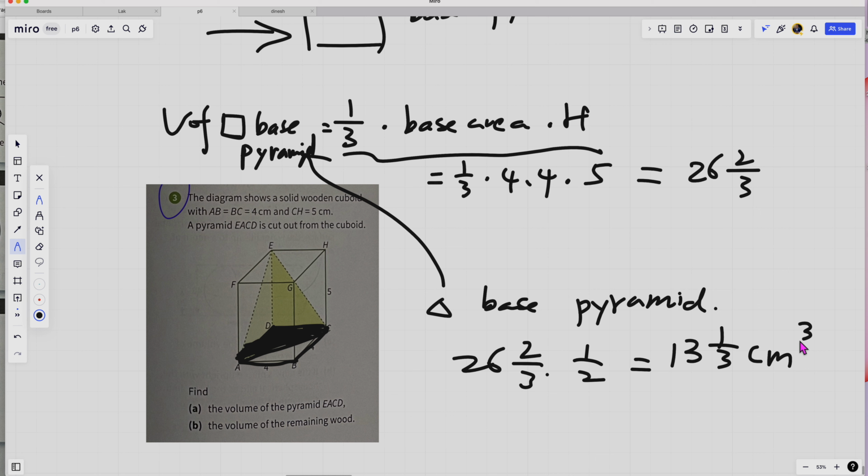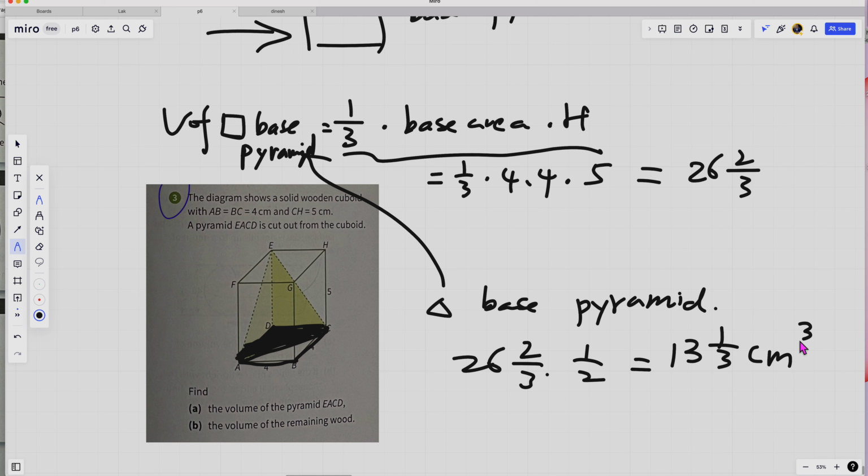Last lesson we talked about square base pyramid, or even rectangle base pyramid. So today, the triangle base pyramid is actually half of the square base pyramid in this case, not any other case.